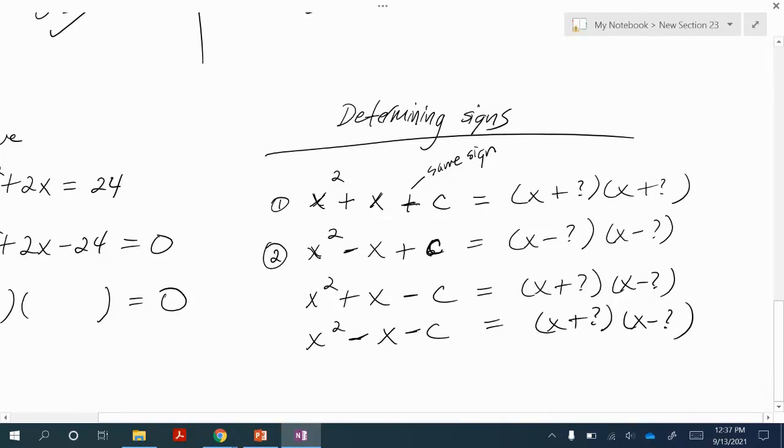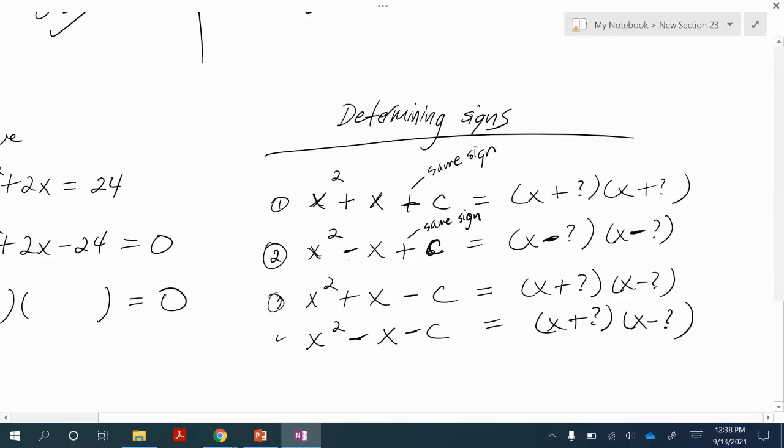Let's look at the second setup. My last term is positive, so both of the numbers in my factorization should be negative numbers. Notice that in my setup for parentheses, both of the numbers are negative.